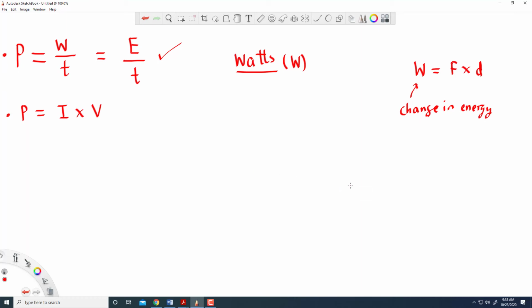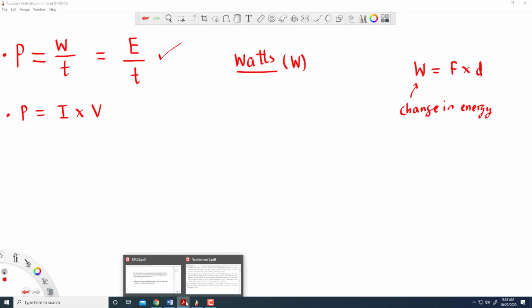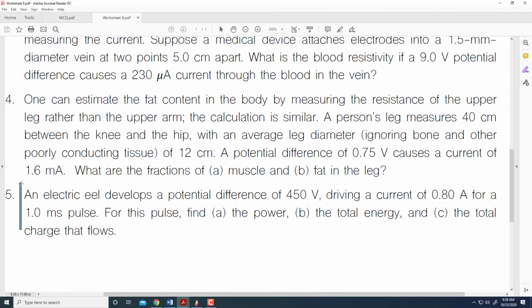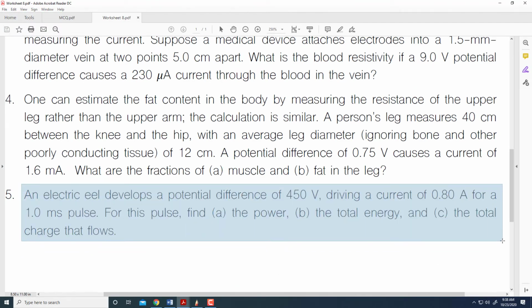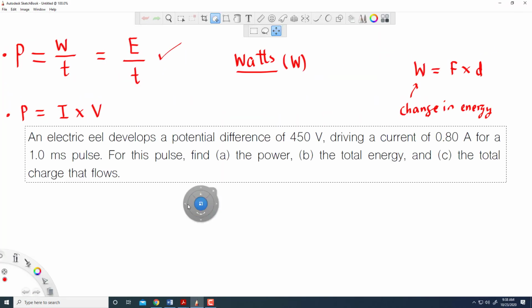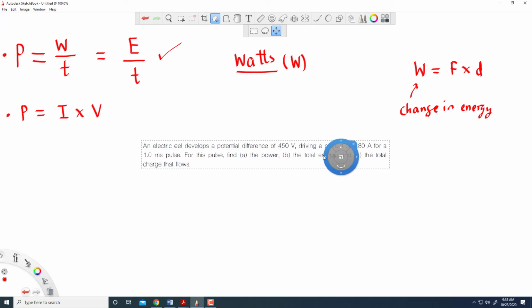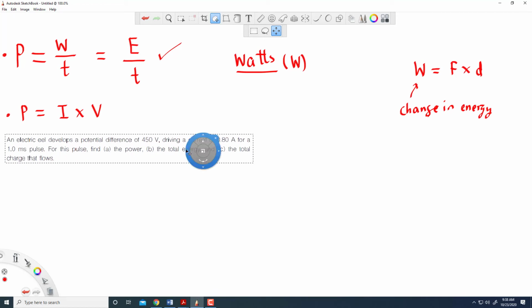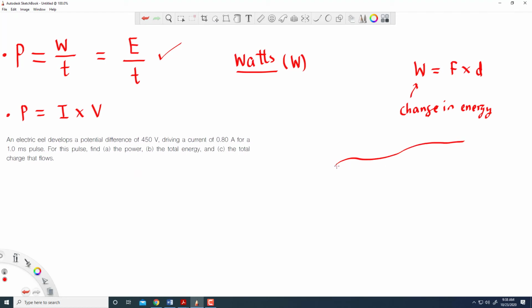Now in the problem, let's look at the problem. So you can model the eel as some kind of resistor, some kind of substance with some resistance.